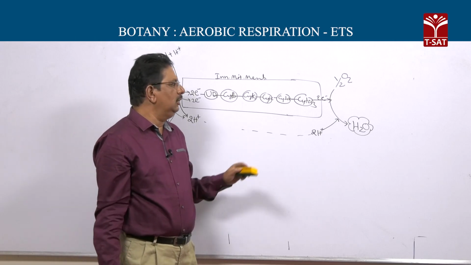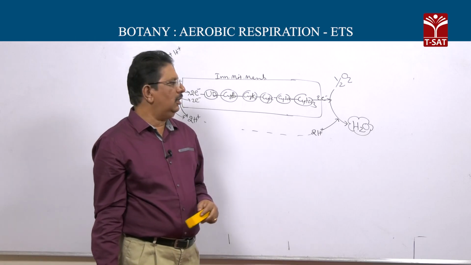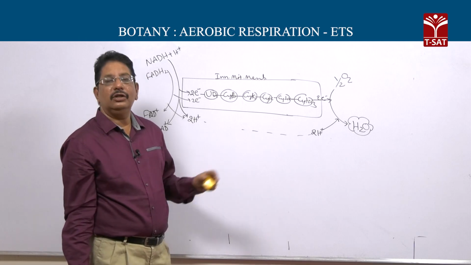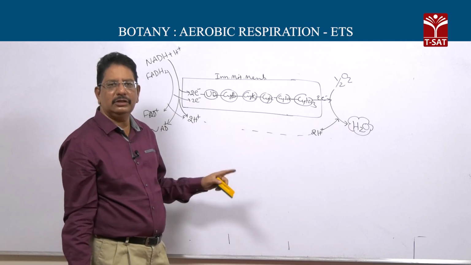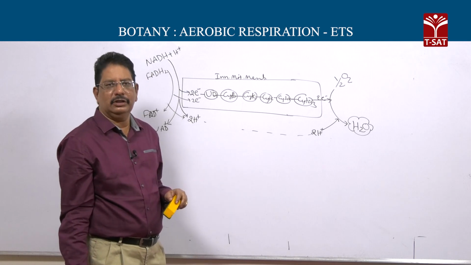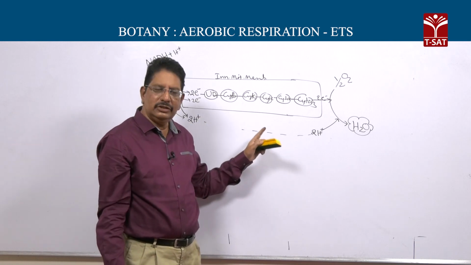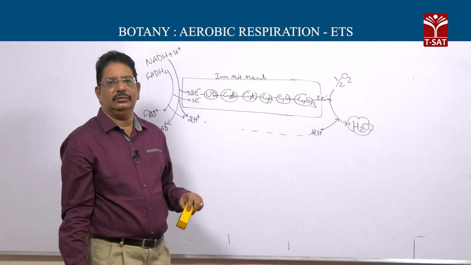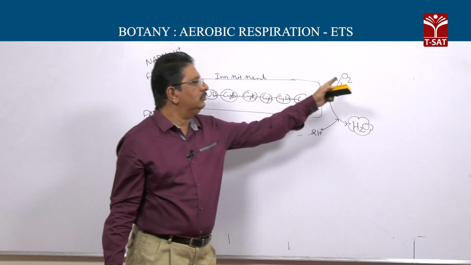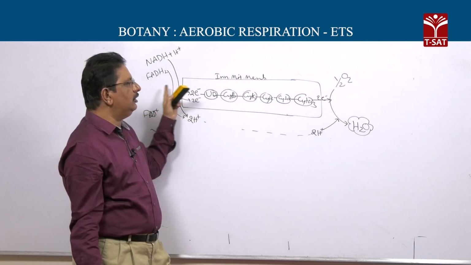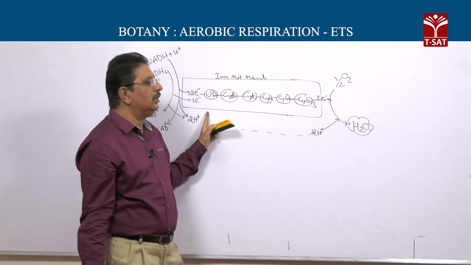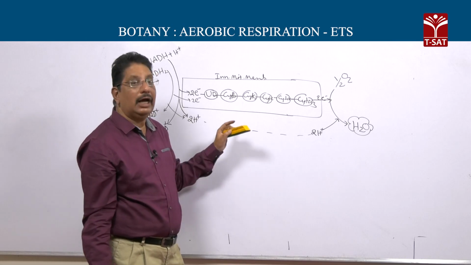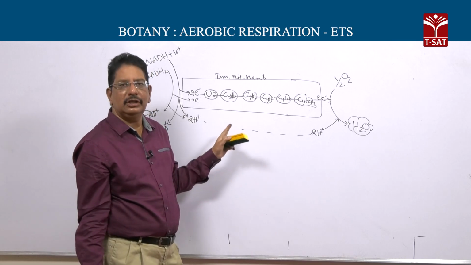Every chemical has an ability to gain or lose electrons. The ability of gaining and losing electrons by a chemical substance is called redox potential. So electron travel is always strictly according to the redox potential scale. From NADH2 to oxygen or FADH2 to oxygen, electron travel via a chain of electron carriers occurs as per the redox potential gradient.